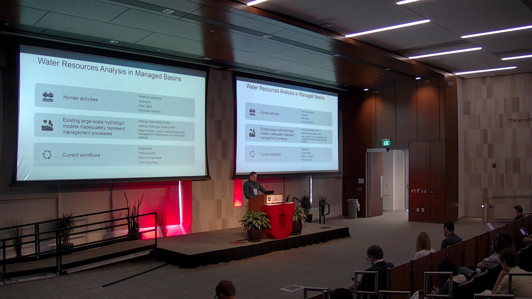Most hydrologic models, including the National Water Model and National Hydrological Model, have limited representation of these human activities. Aside from modeling capabilities, one major limiting factor is the lack of standardized water management infrastructure and operational datasets.